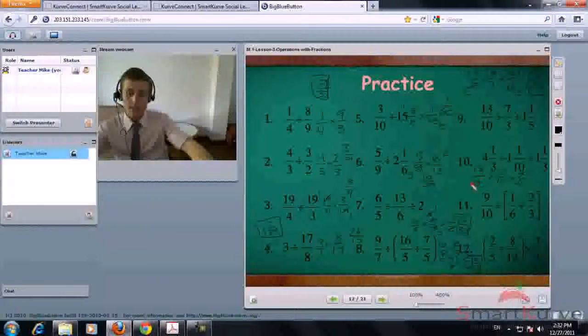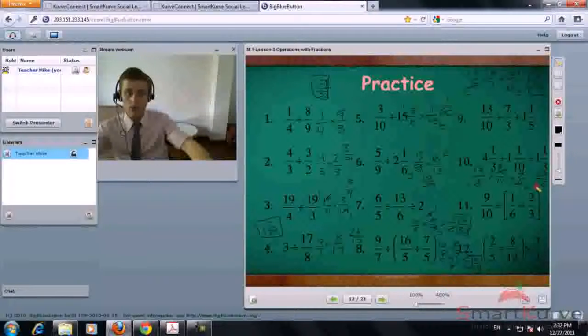The 3's cancel out. This 10 becomes a 5, and this 4 becomes a 2. And that is the lowest we can make it. 13 times 5 is 65. 11 times 2 is 22.